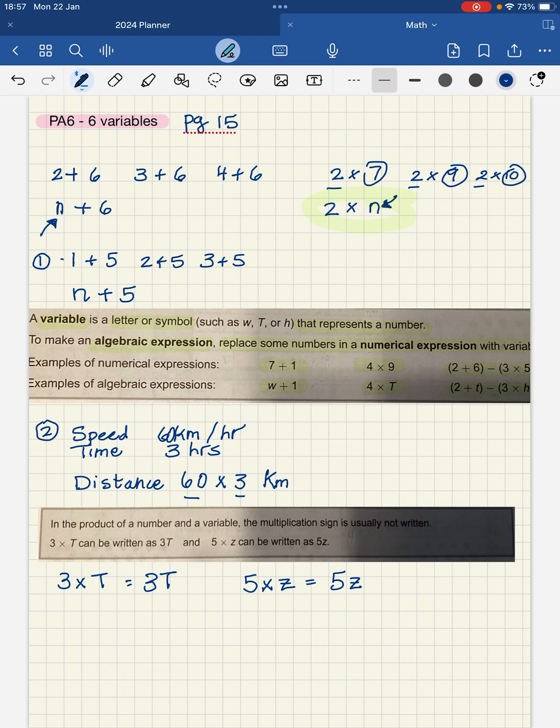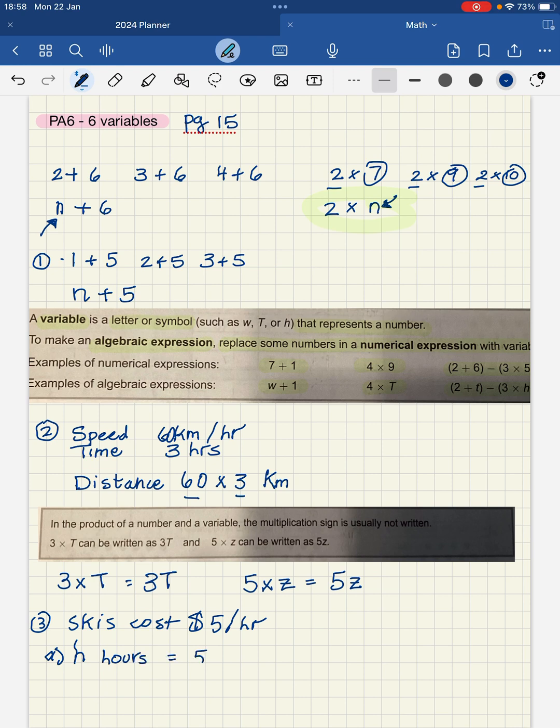Okay, so for number 3, renting skis cost $5 an hour. Write an algebraic expression for the cost of renting skis for H hours. So if skis cost $5 per hour, A says for H hours, so that can represent any amount of hours that we want it to represent, right?